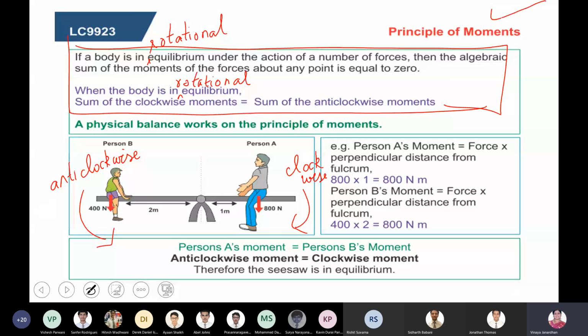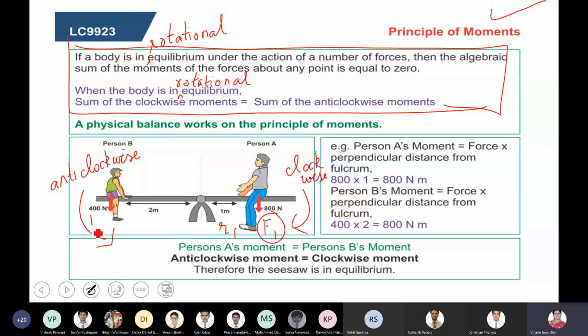Then the algebraic sum of the moments of the forces about any point is equal to 0, which means, suppose I mark this force as F1 and this distance as R1, this force as F2, this distance as R2. So what does it mean? F1 R1 must be equal to F2 R2. That is what it means.